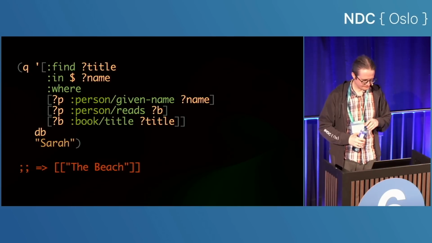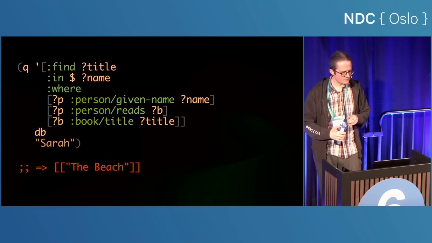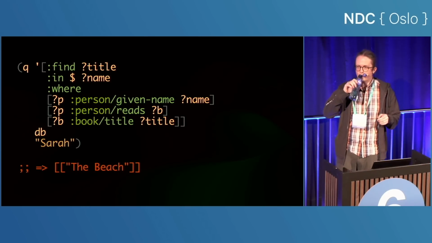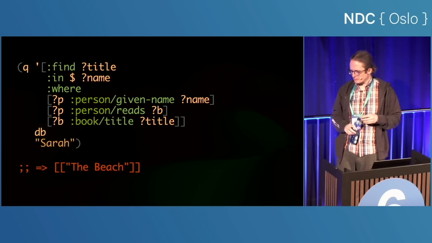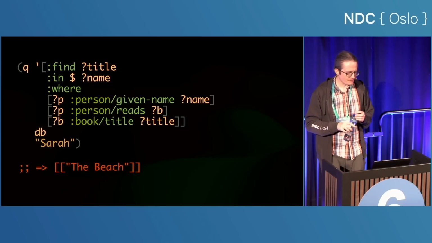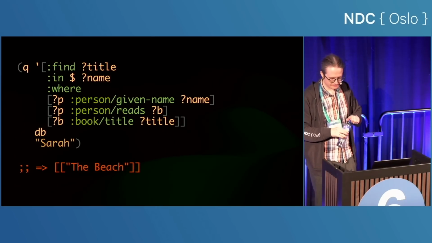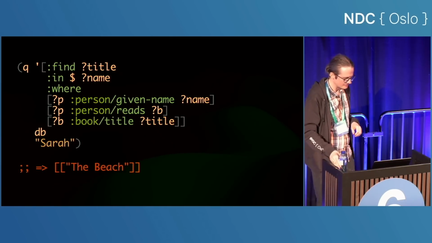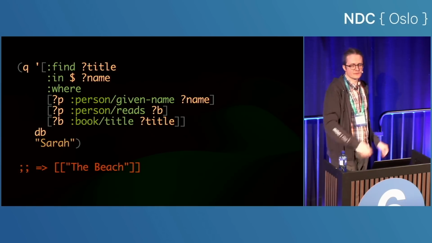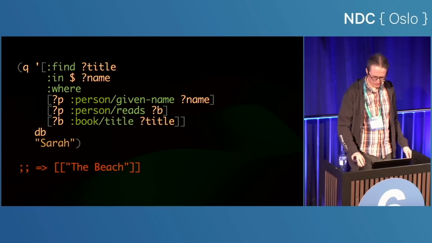Remember this? It's where we find titles of the books Sarah is reading. I just wanted to show you this cool little thing. Compared to the other stuff, this is sort of just a little thing, but I think it's pretty cool.